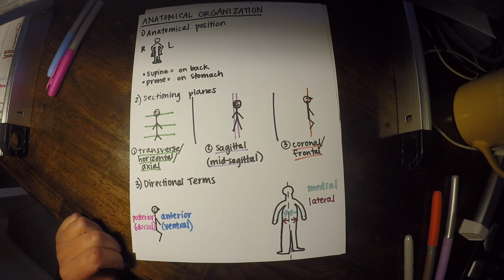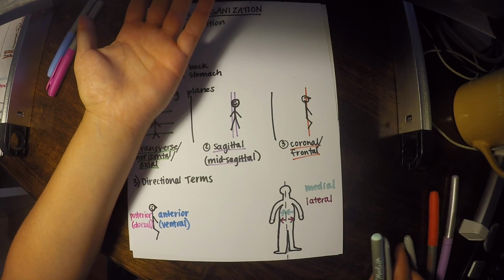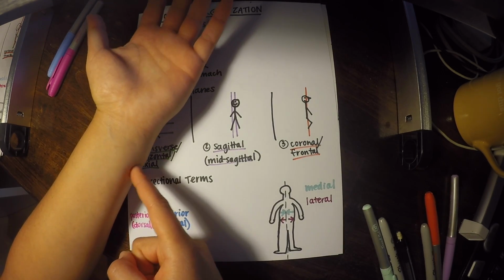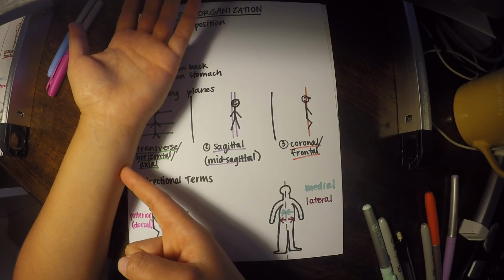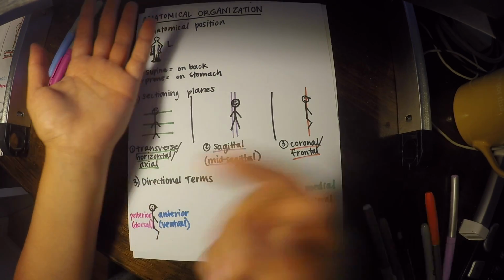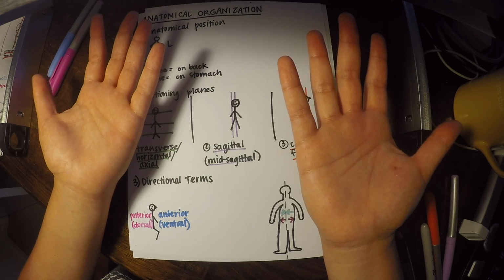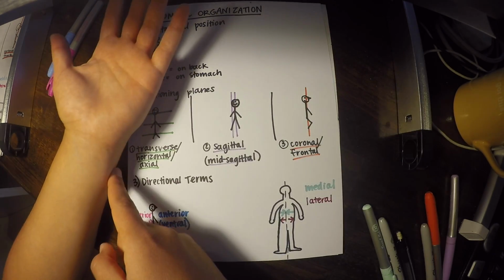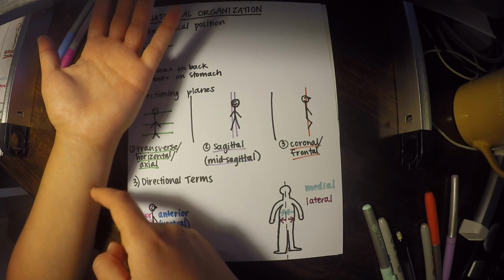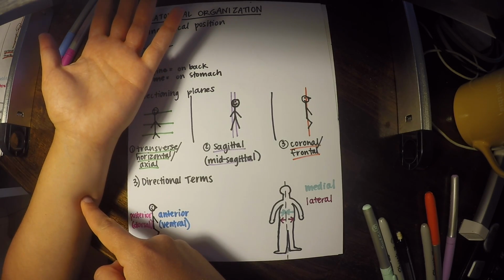Same thing with medial and lateral. So in anatomical position, this right here is my medial forearm, because it's closer to my midline, because in anatomical position, my thumbs are facing away from the midline of my body. Now, if I have pain along that pinky side, it's along the medial forearm.